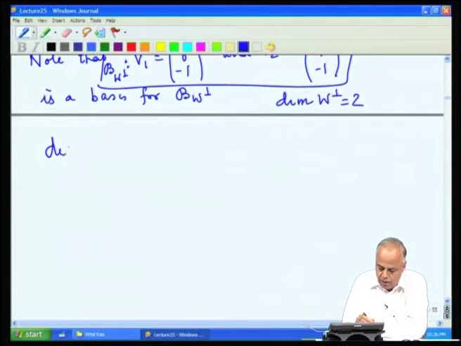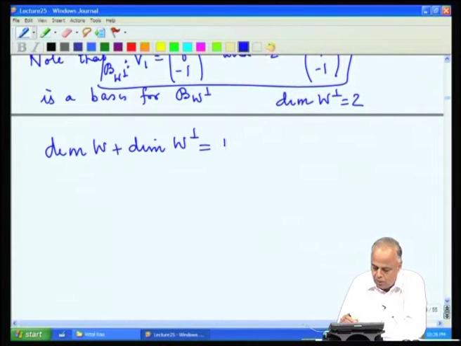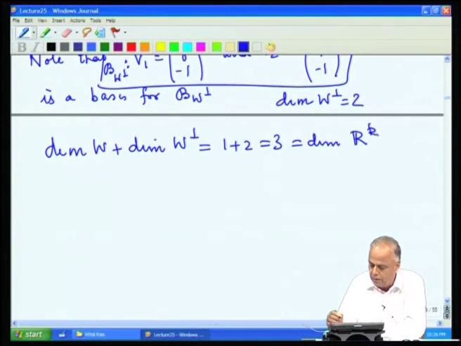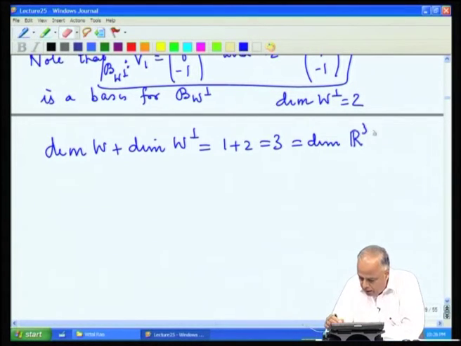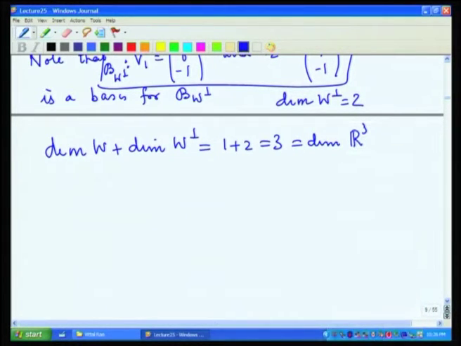You notice that dimension of W plus dimension of W perp is 1 plus 2, which is 3, the dimension of the original vector space in which all these subspaces live. They are all subspaces of R3. So, in this case K is 3. So, the dimension of W plus the dimension of W perp turns out to be the dimension of this whole space.